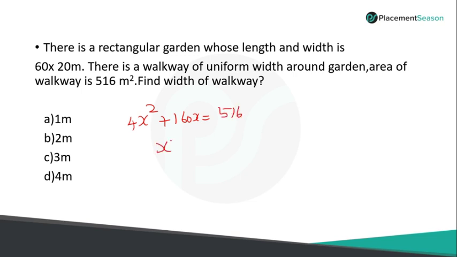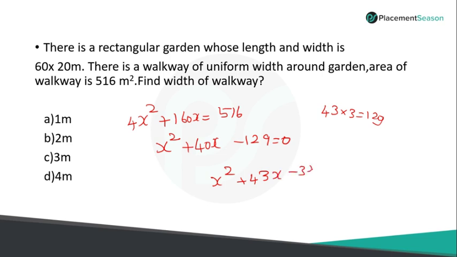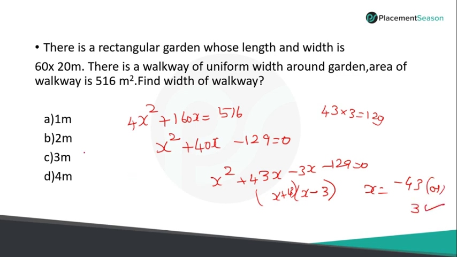So if you divide this by 4, you get x square plus 40x minus 129 equal to 0. So what are the roots? So 129 is 43 into 3. So I can take it as x square plus 43x minus 3x minus 129 equal to 0. So x will get for the equation (x plus 43) into (x minus 3). So x value is either minus 43 or plus 3. So just 3 here. So answer is 3 meters because x cannot be negative, right?